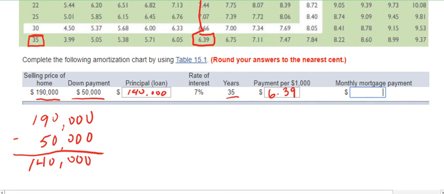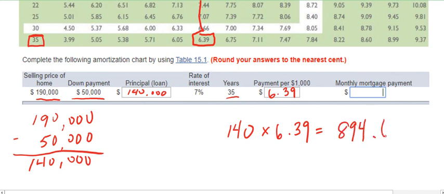So since we're going to be making 140 of those payments, we're going to multiply 140 times 6.39. And this is going to come out to $894.60. And that's going to be our answer right here.